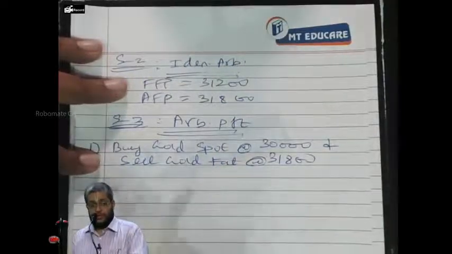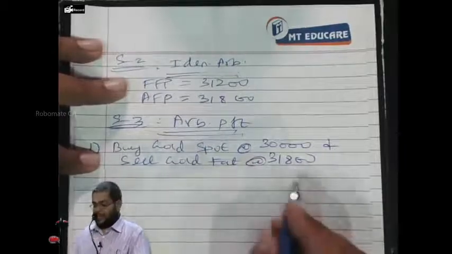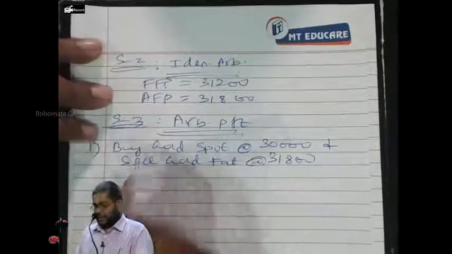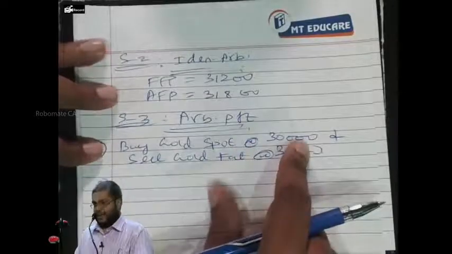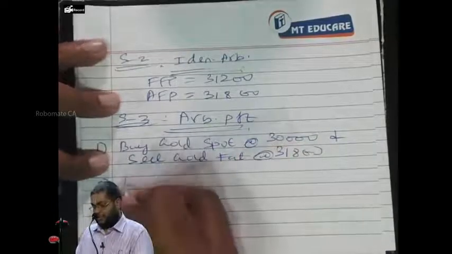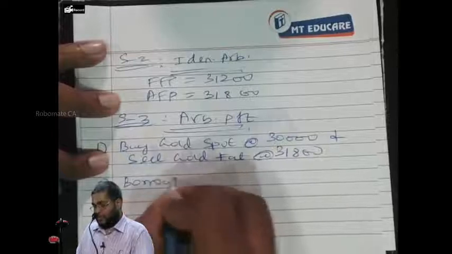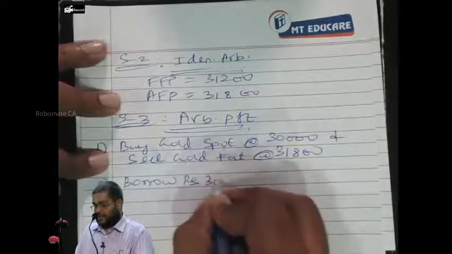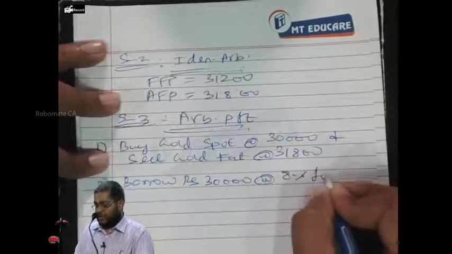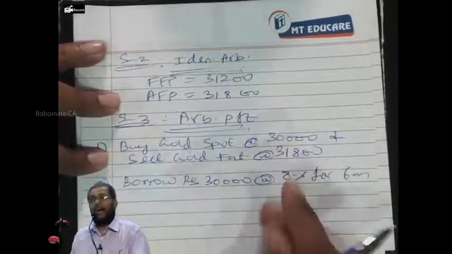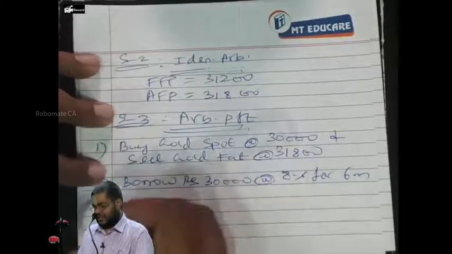Today itself go to the futures market and give a futures sell at 31,800. Point number 1 over. Yes or no? My question is, to buy the gold at 30,000, what do I do? Borrow rupees, how much? 30,000 at 8% for 6 months.